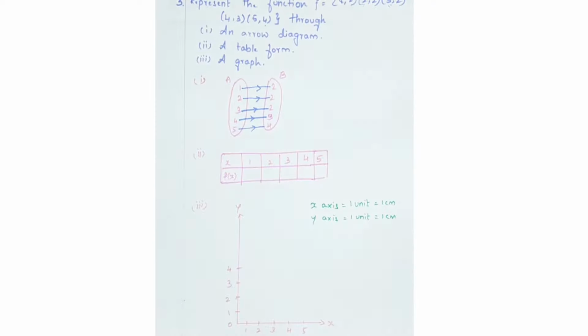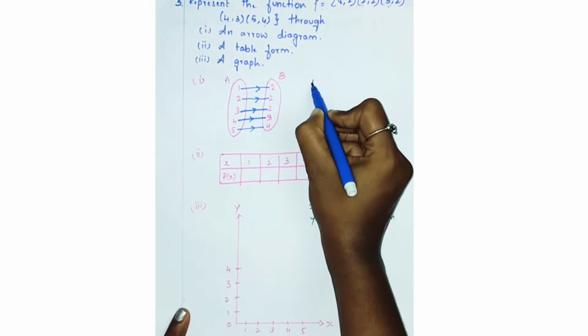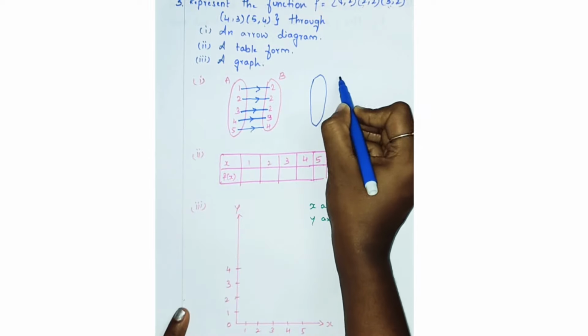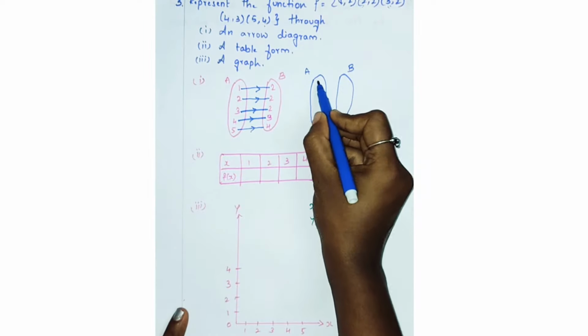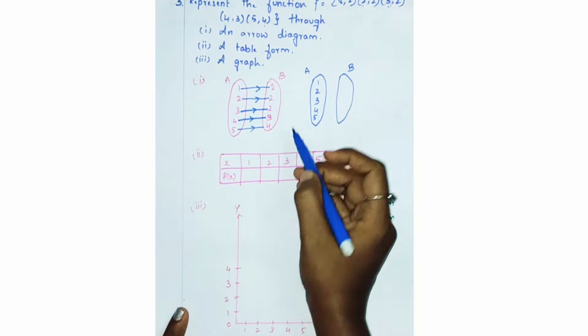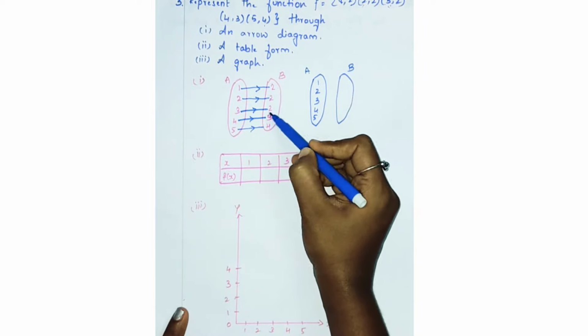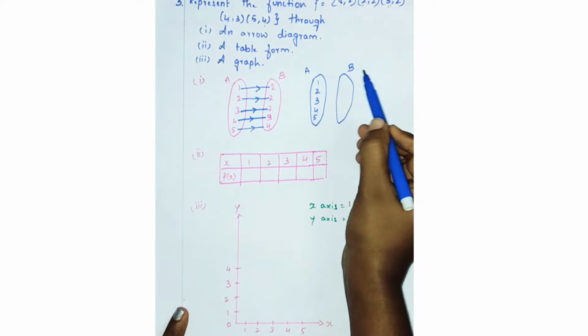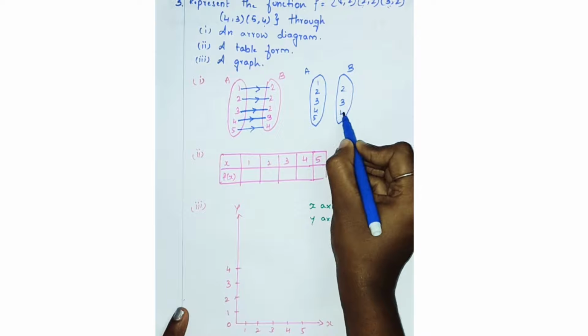Okay, but instead of showing it like this, what you have to do is draw the arrow diagram like this. So 1, 2, 3, 4 and 5. See, for all of 1, 2 and 3, the value in b is 2. Okay, so 2, 3 and 4.